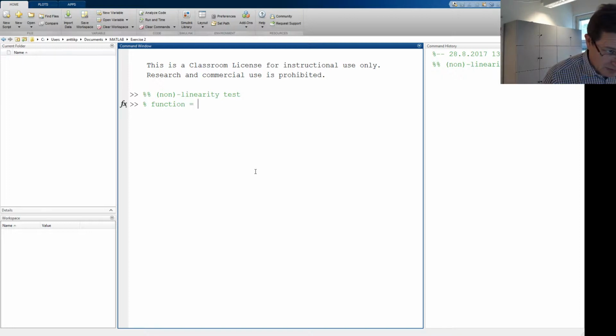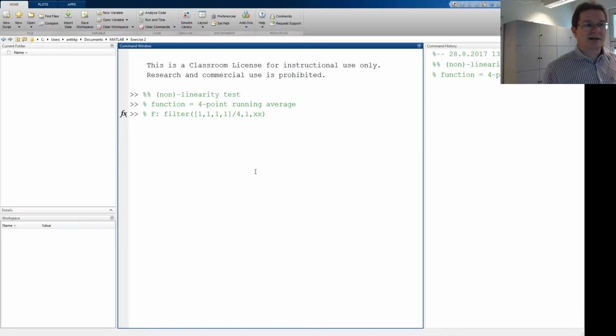Our test function would be a 4-point running average. And that would be very simple. The function here is actually just filter. So that's the 4-point running average.